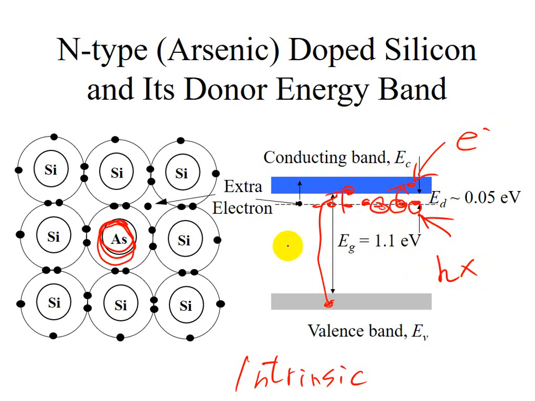In this case, all the conductivity comes from outside, from the control of yourself. We call this extrinsic semiconductor.